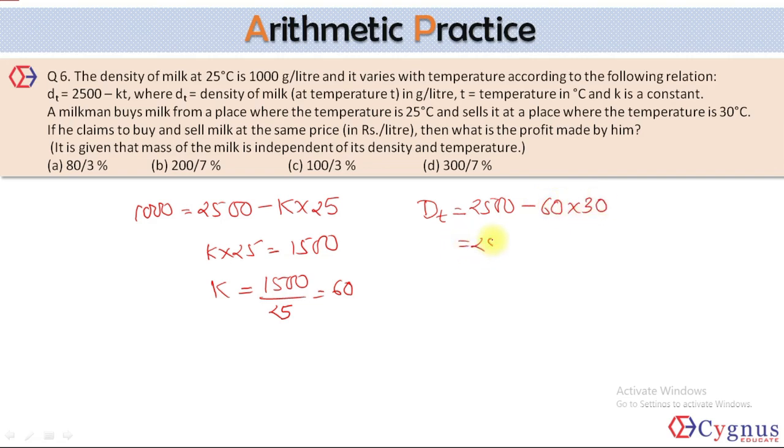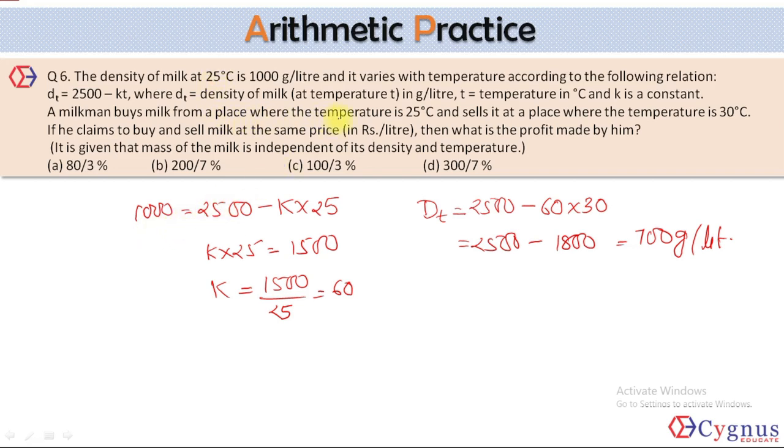So this is going to give you 2500 minus 1800, which is equal to 700. So effectively you're getting 700 here. So 700 would become what? Density 700 grams per liter, and you started with what? 1000 grams per liter.